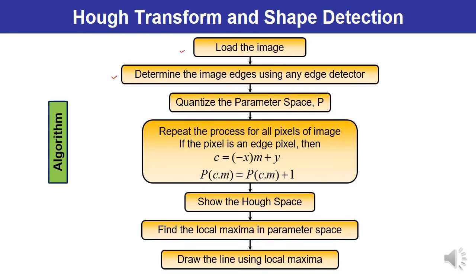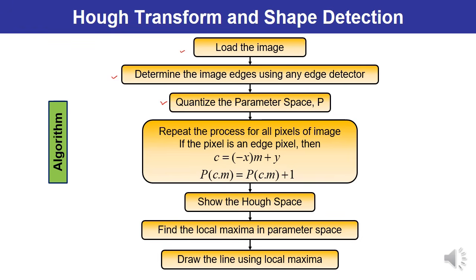After finding these edges, there is a requirement to quantize the parameter space. The parameter space is denoted as what? P. That parameter space needs to be quantized, and after that this process is repeated for all pixels in the image.